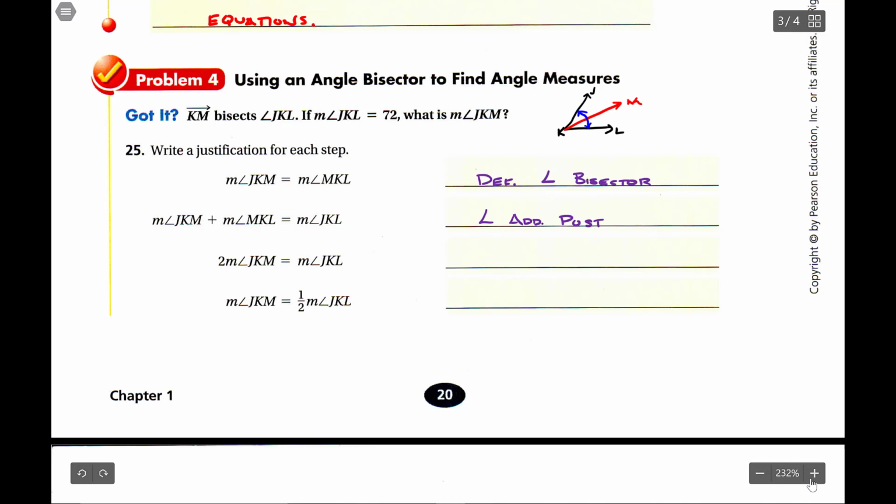Twice the measure of JKM is equal to the measure of JKL. Because JKM and MKL are the same measure by the definition of the angle bisector, we can just simply double either JKM or we can double MKL. For this particular set of notes, they decided to double JKM, so that's just substitution. And for the next step, we've divided both sides by 2.